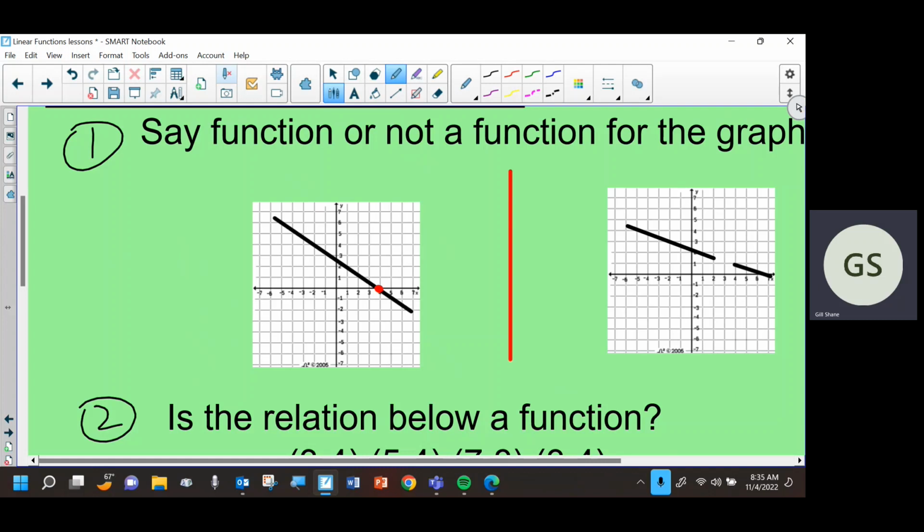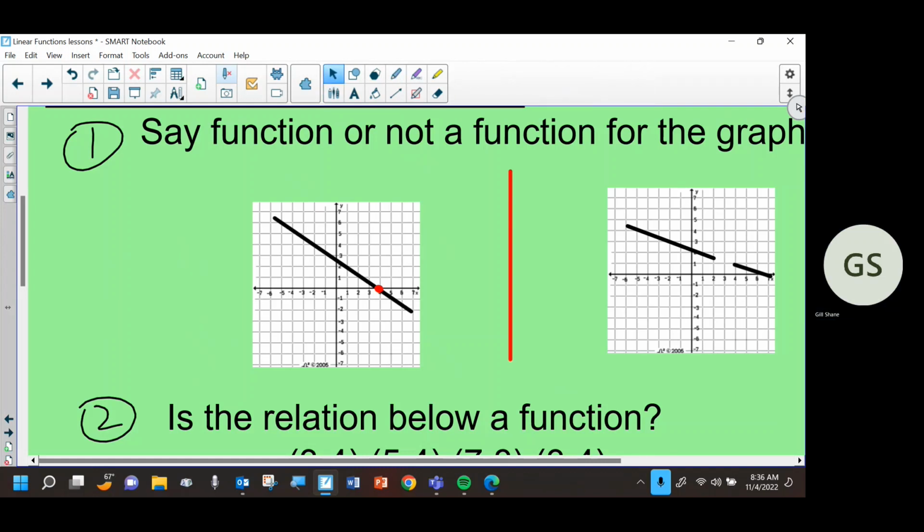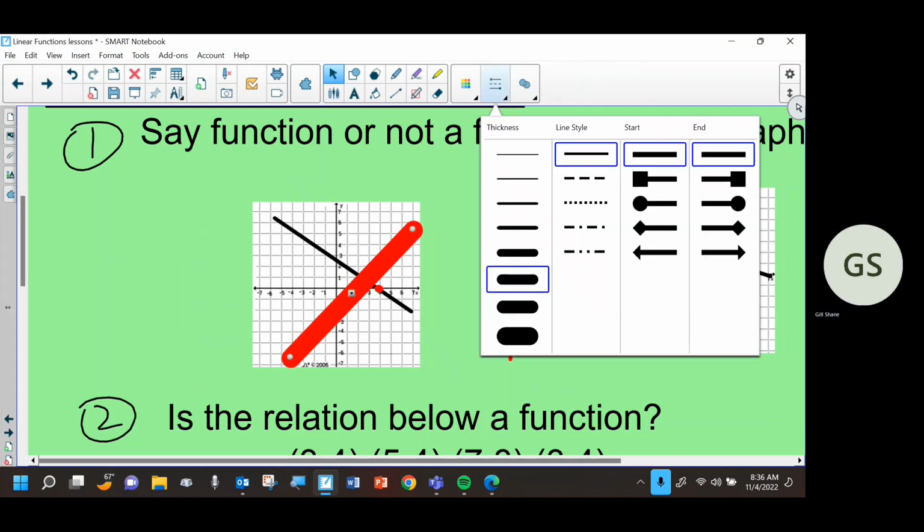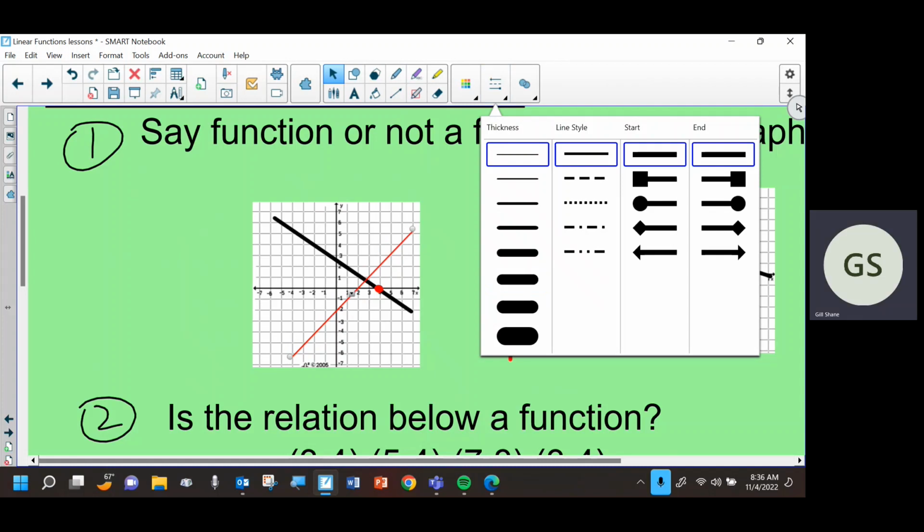I can draw another line in there. Do it in red, maybe? So I draw a line through here. There, I fixed it though. So again, I crossed the x-axis right there. Well, what's the y value?